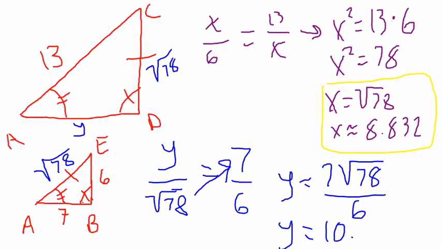But I'm just going to round it to 10.304, even though I was just talking about how much I like whole answers. That's okay. But again, I found AD, and I wanted to find AE and ED.